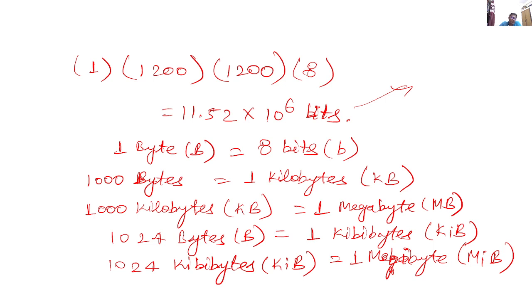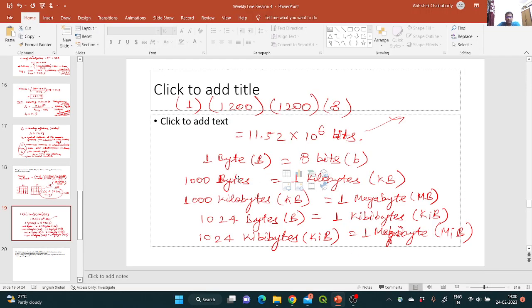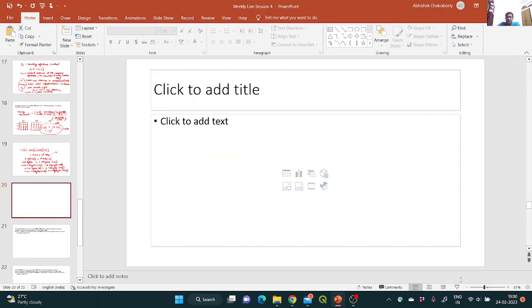Let's convert that number of bits to number of megabytes. So the answer was 11.52 into 10 power 6 bits.